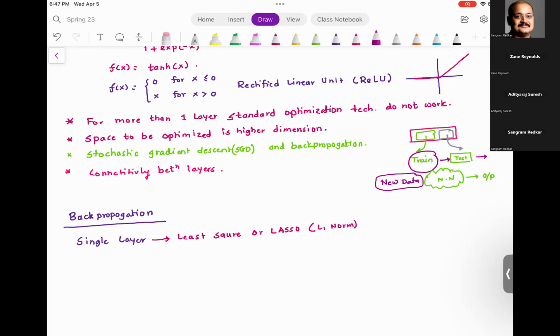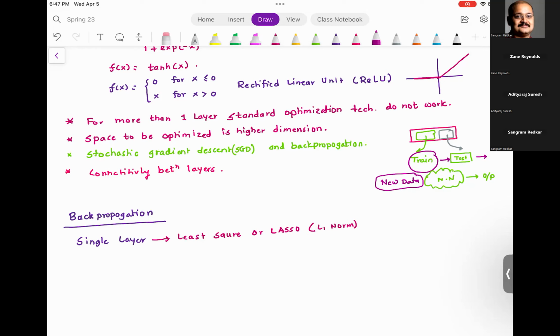And as you increase the dimension, there is something called the curse of dimensionality. As you increase the dimension, clearly the amount of computational time that we need to get a neural network to converge becomes almost impossible.